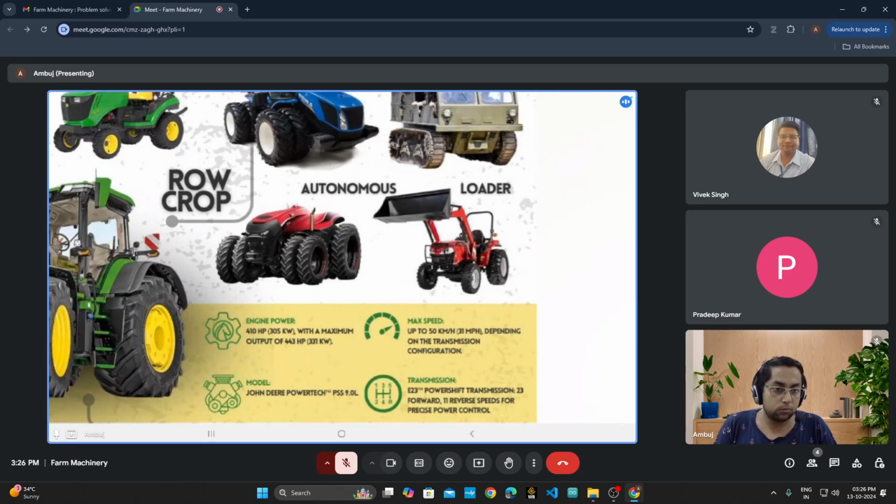So what is the functionality? How is it done? In brief, I'll just discuss, for your own knowledge. Please listen carefully. First of all, if I am a tractor operator, how do I operate a tractor? First of all, through vision.